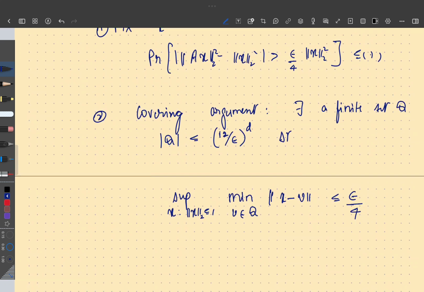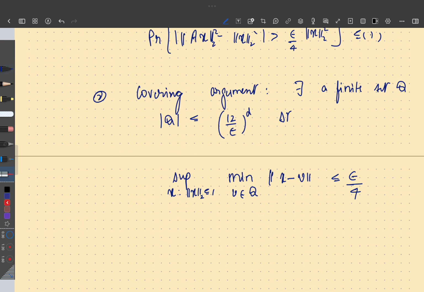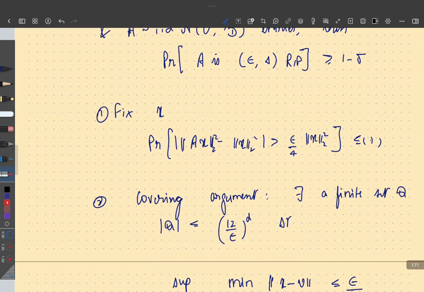What is the first less than or equal to? You mean here? Oh, the probability. It's upper bounded by something.